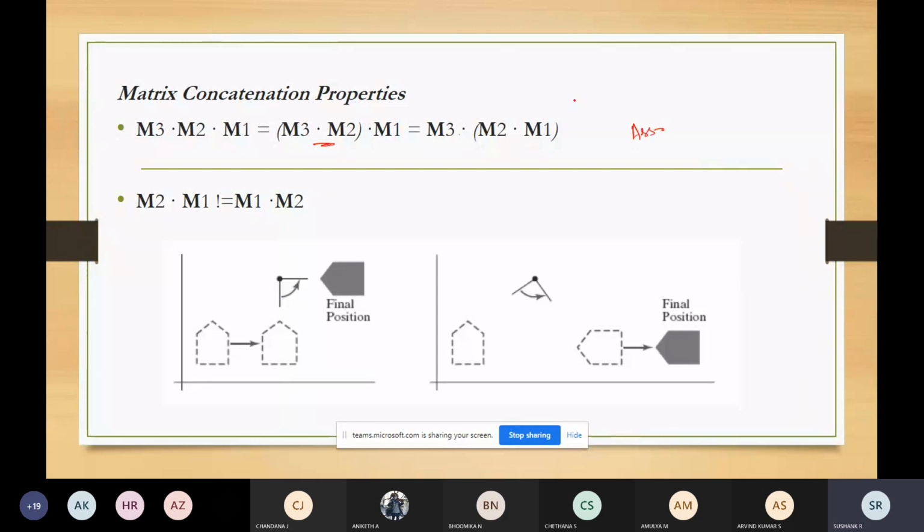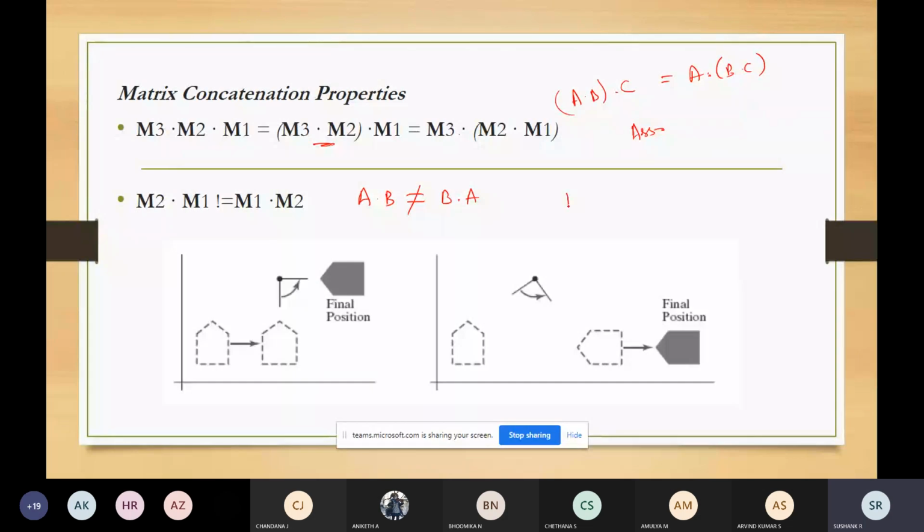That is like A into B, and then multiplying the result with C, is the same as multiplying B into C and then multiplying with A. But multiplication of matrices is not commutative: A into B is not the same as B into A. Only when the same operations are present does it work.